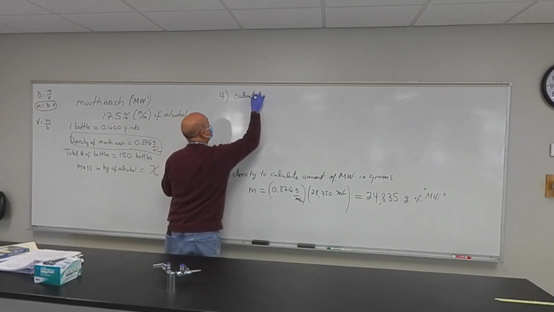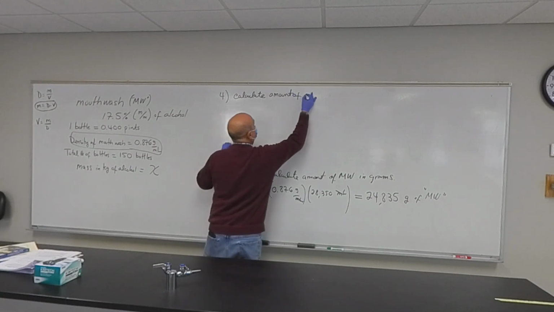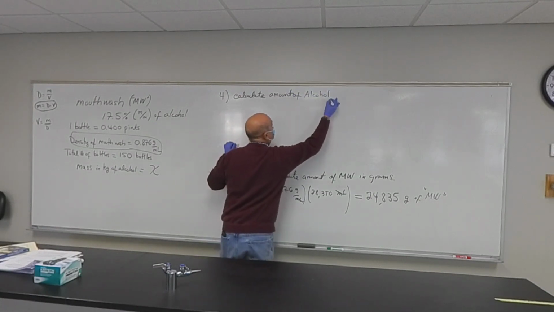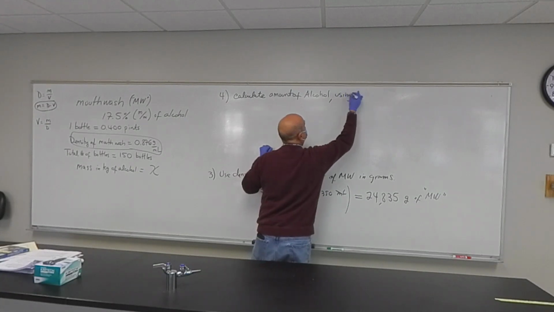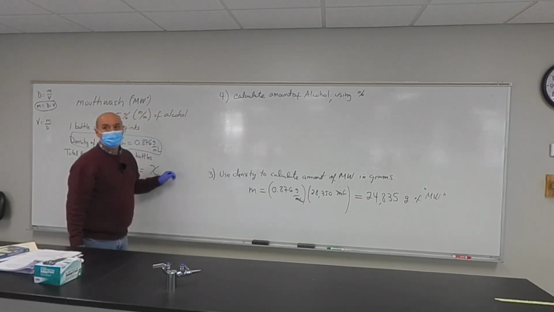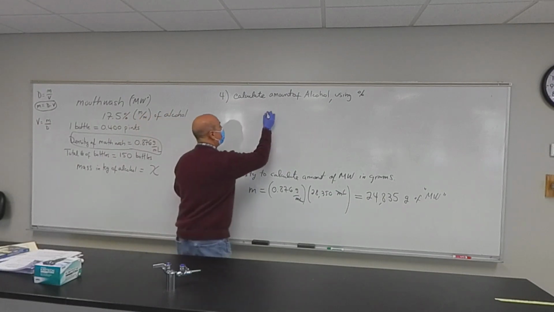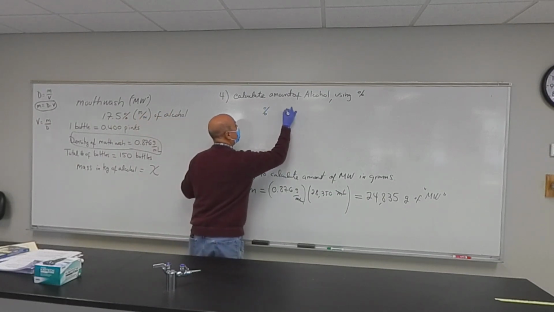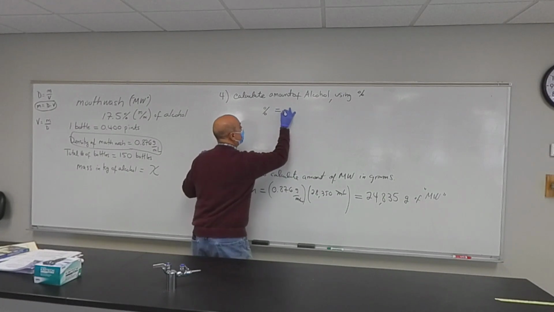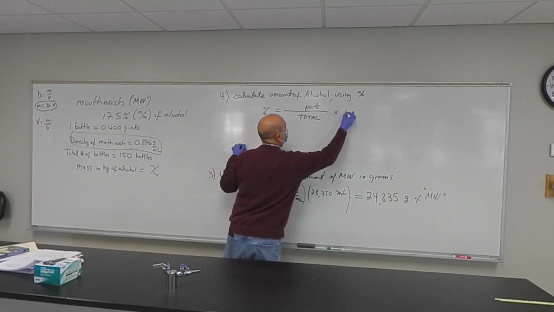Here. Calculate amount of alcohol using percentage. So this percentage. The formula is percent equals parts divided by total times 100%.